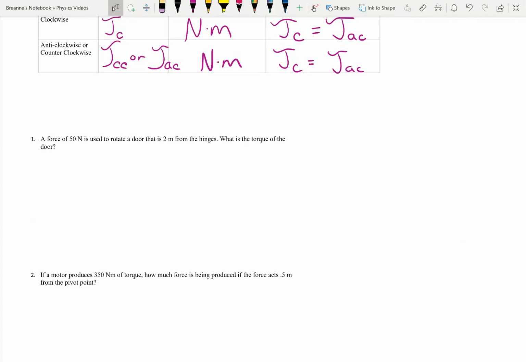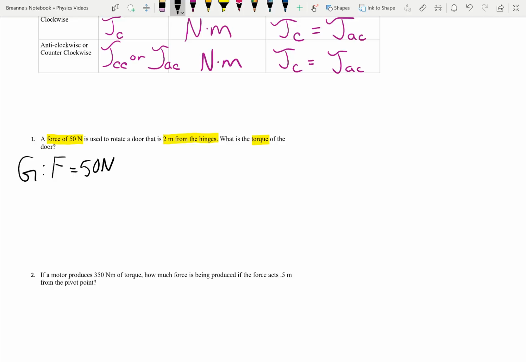So number 1 states a force of 50 newtons is used to rotate a door that is 2 meters from the hinges. What is the torque of the door? So if we're doing the guess method, our givens: our force is 50 newtons.